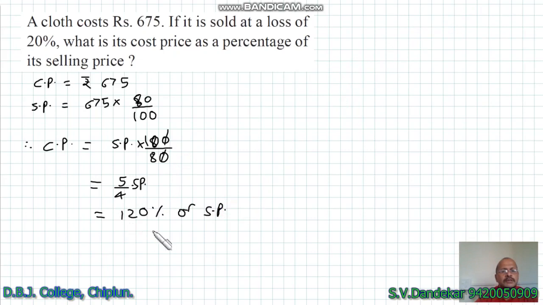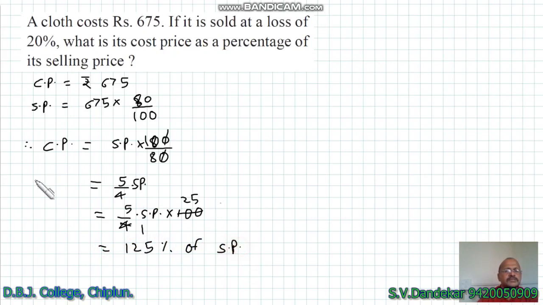I'm sorry, this is a wrong one. The calculation is a wrong one. We want percentage. So 5 by 4 SP into 100, it is 125% of SP. CP is 125% of SP. This is the correct answer.